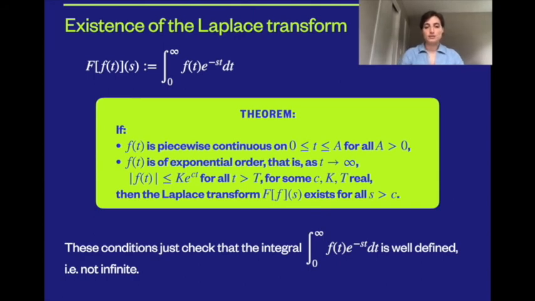Why do we need these conditions? Well, it's just to check that the integral between 0 and infinity of f of t times the exponential of minus st actually exists and is well defined.